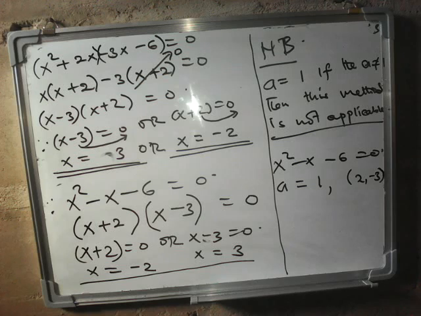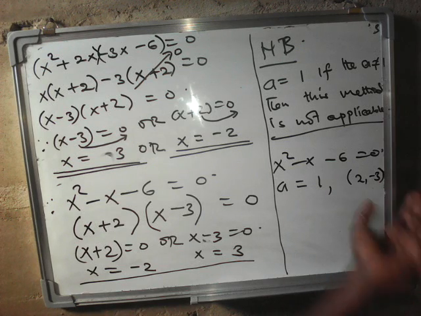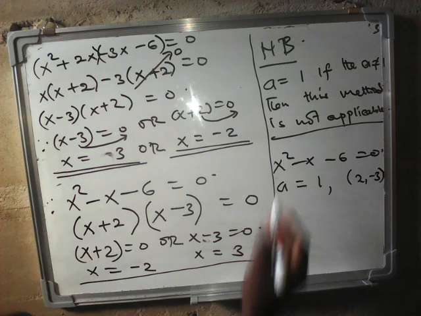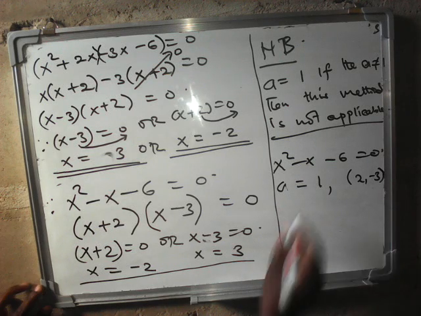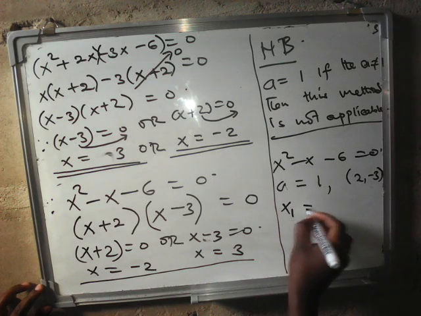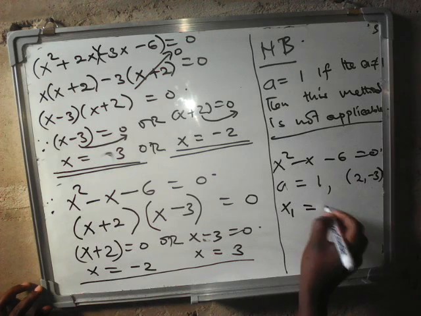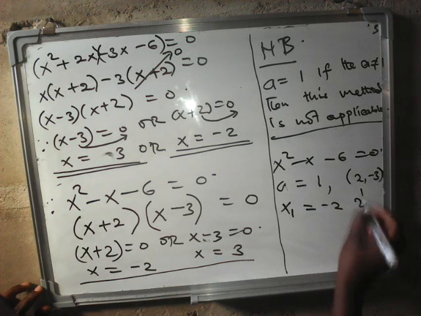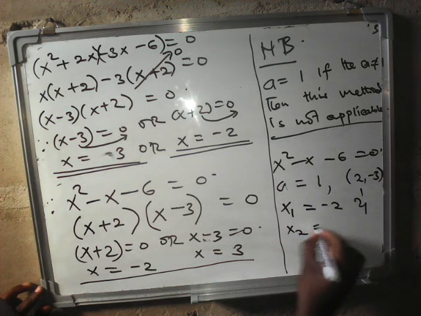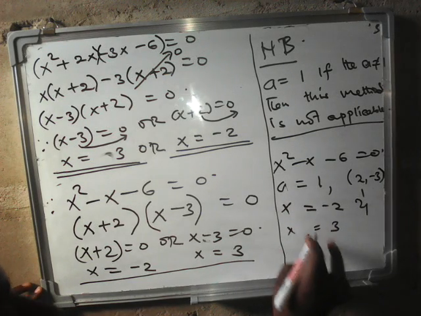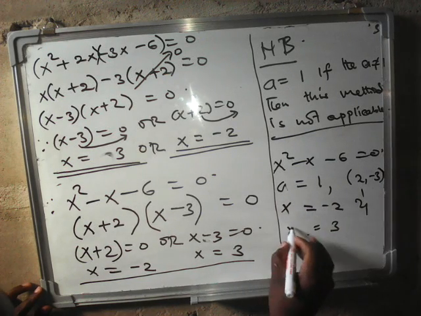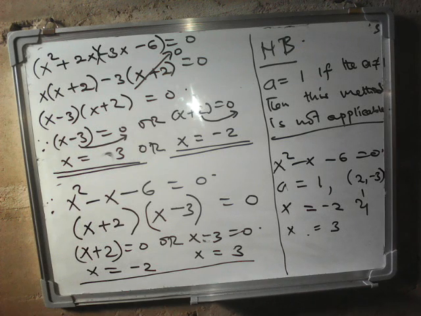So if those are the two numbers and you have got them, and here there is only 1, then you proceed and say your x1 is equal to negative 2, and x2 is equal to 3.